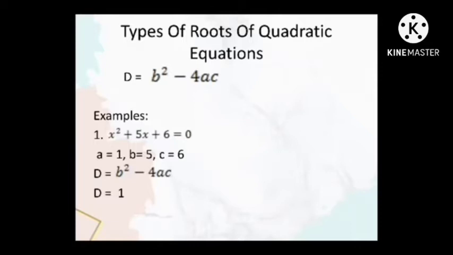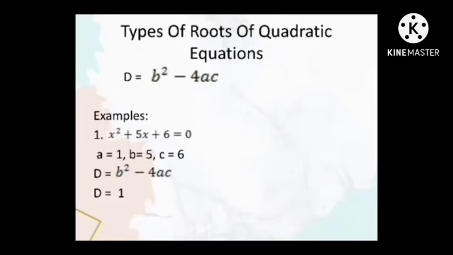The discriminant functions to determine the type of roots of a quadratic equation. To check the relationship between the types of roots of a quadratic equation and the discriminant value D equals b squared minus 4ac, we have three examples here.